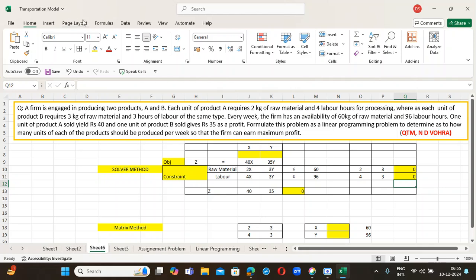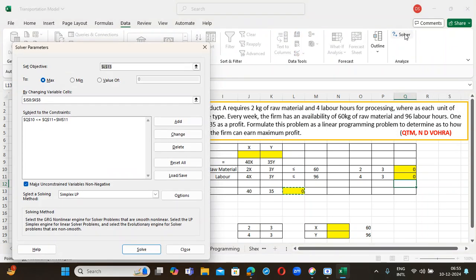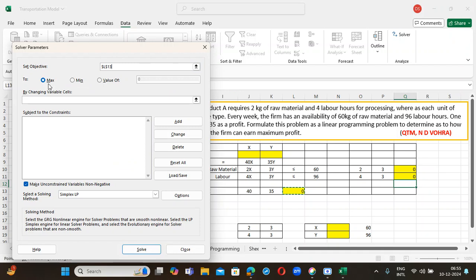And you all know that this particular problem can be solved through the solver method. Go to the data, go to the solver, and reset all. You reset all because I have already solved the particular problem previously. I like to take my objective, the maximization cell, and it is the maximization one. Which variables you like to know, you have to take.